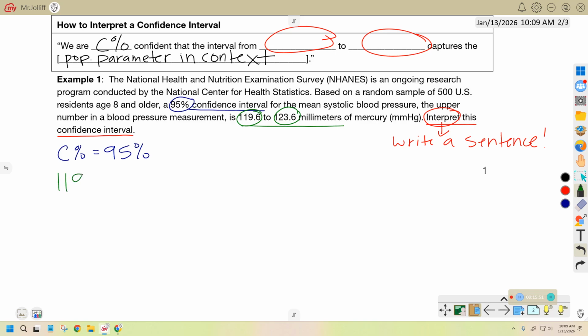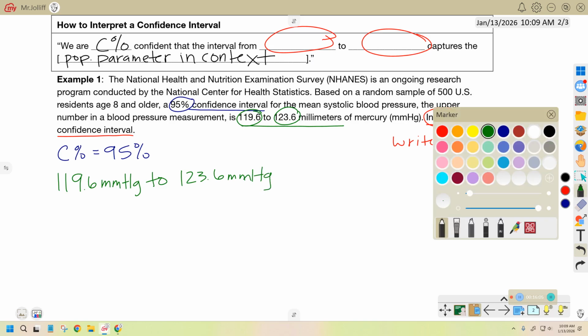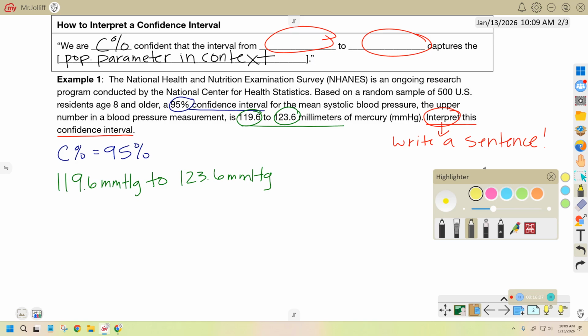So 119.6 mmHg to 123.6 mmHg. And the last part, which is what population parameter am I estimating? So take a minute, check with your neighbors, give you about 30 seconds, and then I'm going to need a volunteer to tell me.